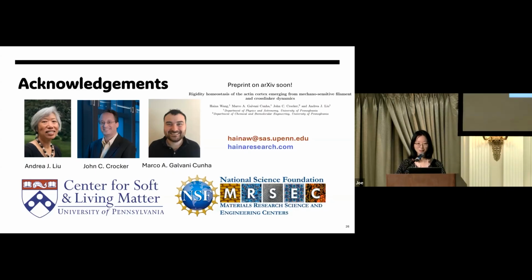Another experiment we have done is to increase the probability of random splitting and randomly destroying the filaments and crosslinkers. Our models are very robust to that. If we increase the fraction of random splitting by 50%, it still remains rigid. But if we increase it to twice of what I have shown, it loses rigidity.